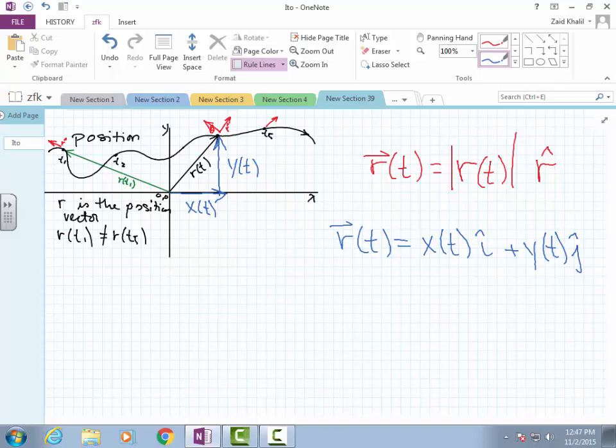So the position vector, there's a problem with it. Anybody want to identify it? What's the problem with the position vector? Take this room and take my movement in this room.